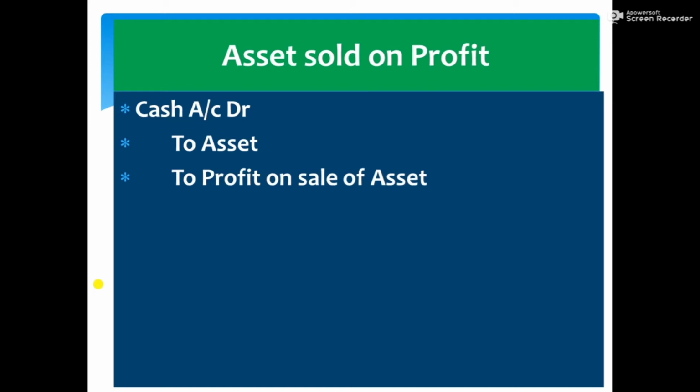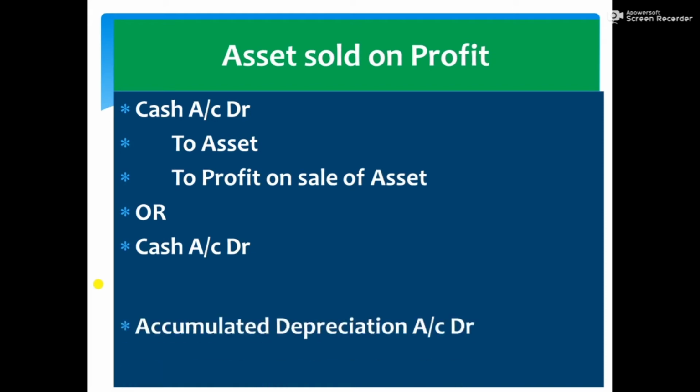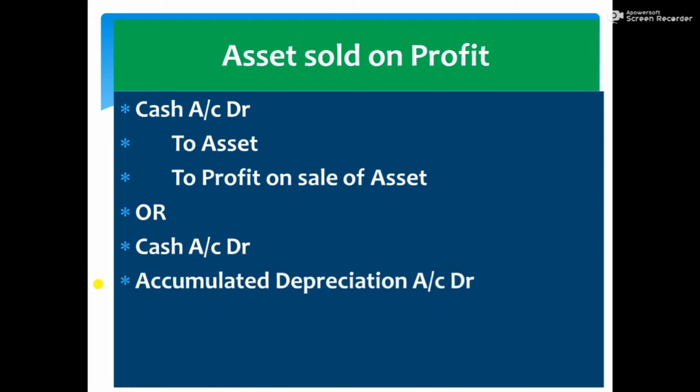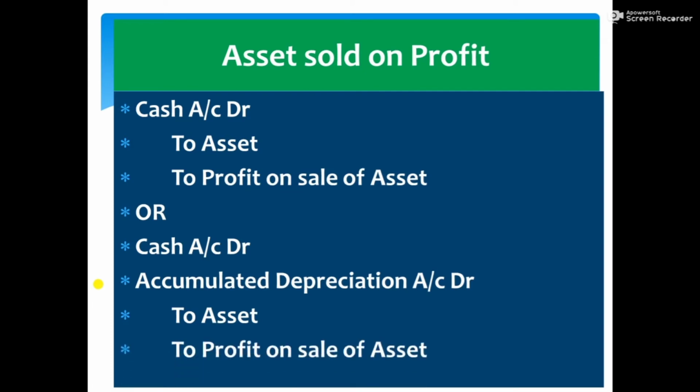If you were following accumulated depreciation method for accounting depreciation, the journal entry for sale of asset will be bank account or cash account debit, accumulated depreciation account debit, to asset, to P&L or profit on sale of asset. Friends, we know that the accumulated depreciation account will have a credit balance. Whatever depreciation we charged is accumulated in the accumulated depreciation account.